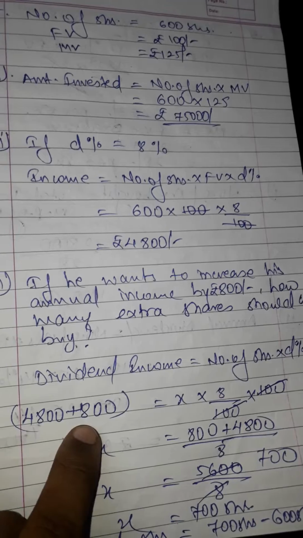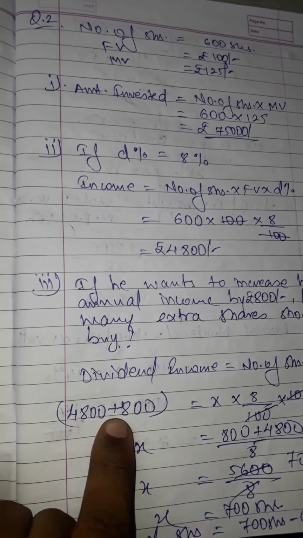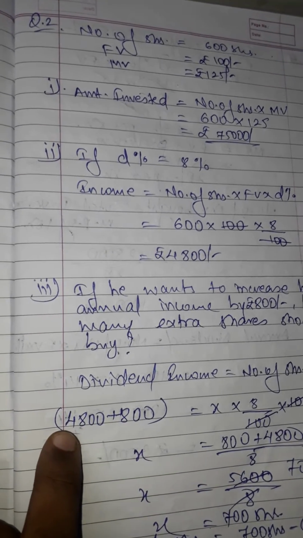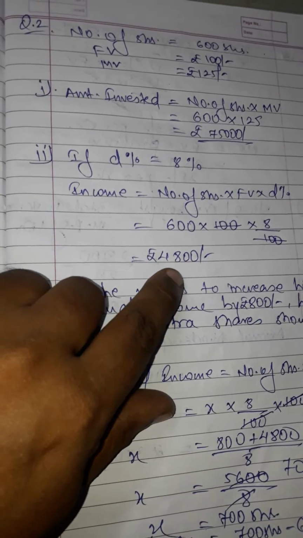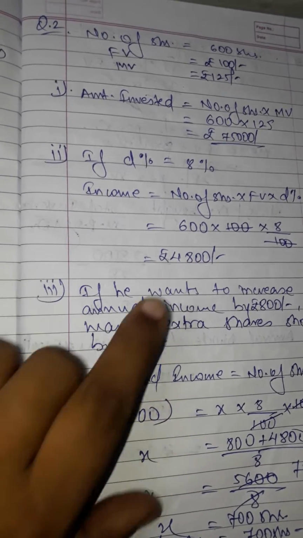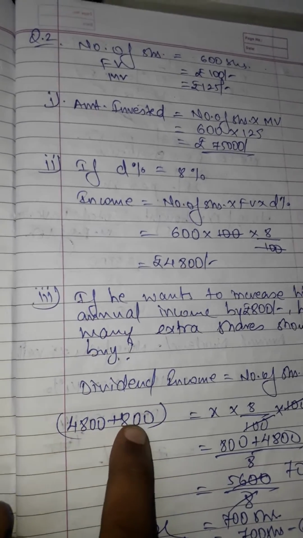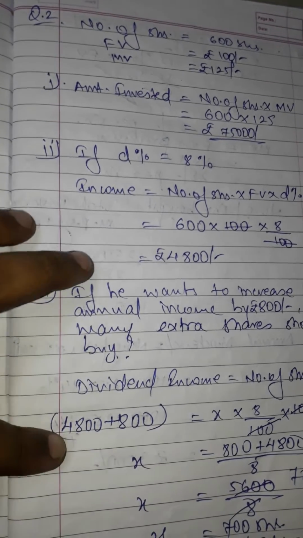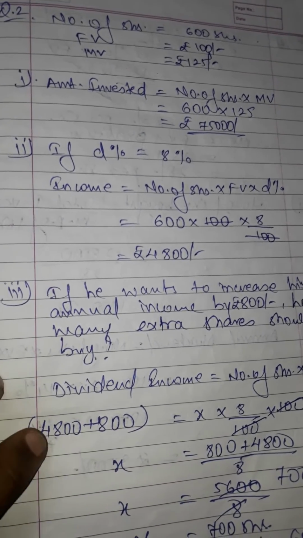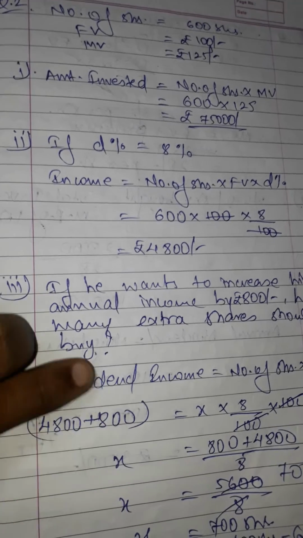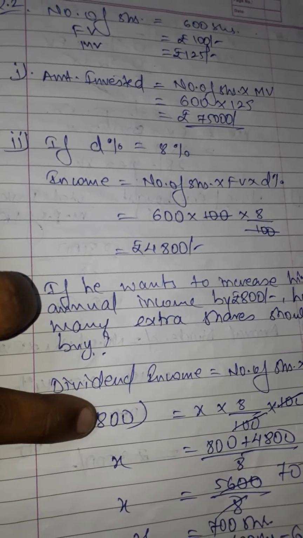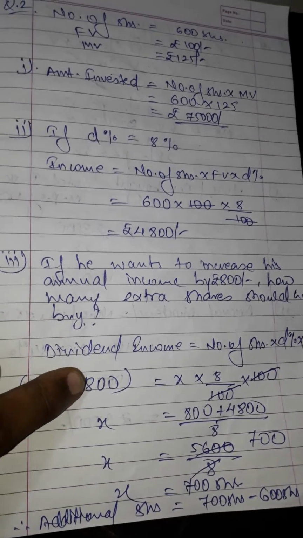Dividend is increased by 800, then add 800 to the original income. Original income was 4,800. Do not miss this 4,800. If you write only 800, then answer will be wrong.